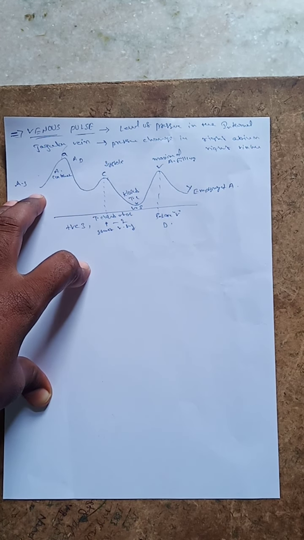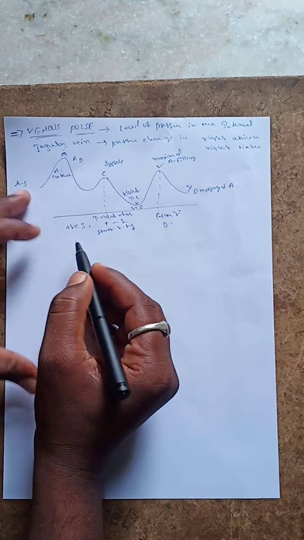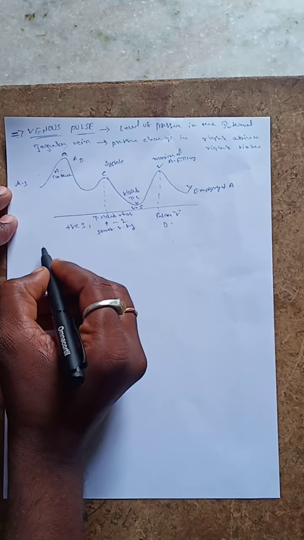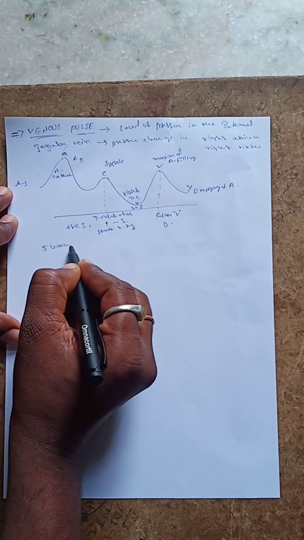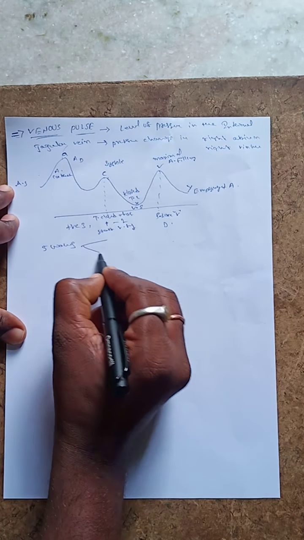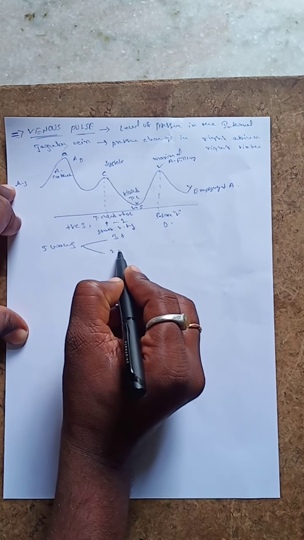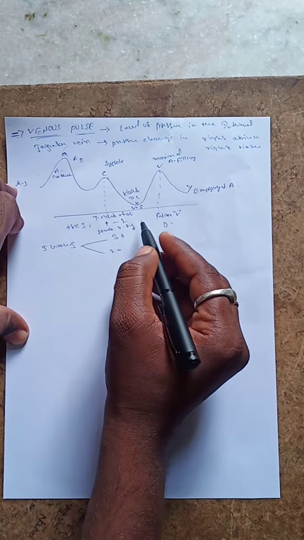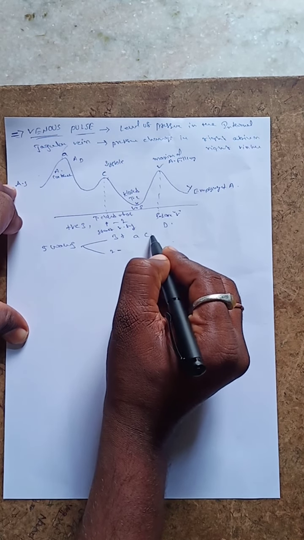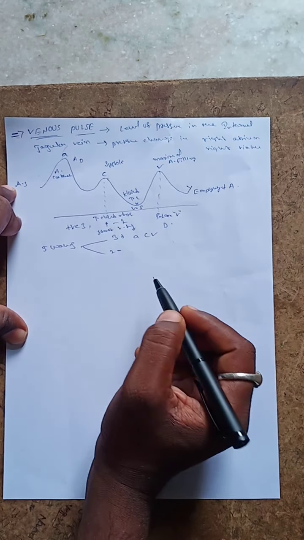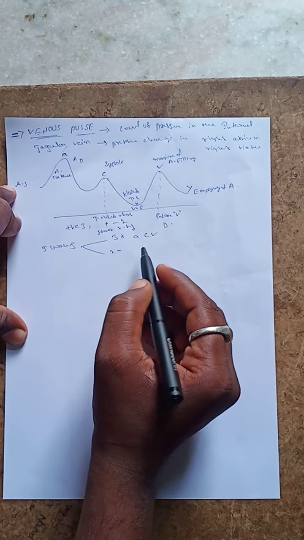Total 5 waves are produced, divided into 3 positive waves and 2 negative waves. The positive waves are A, C and V; the peak levels are known as positive waves.